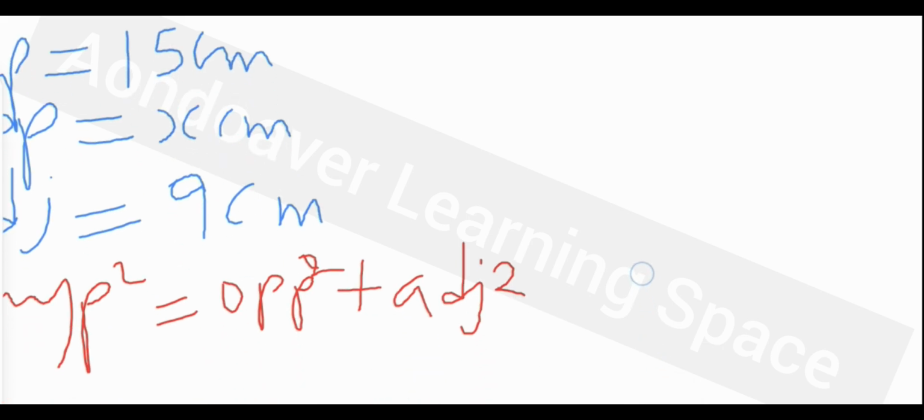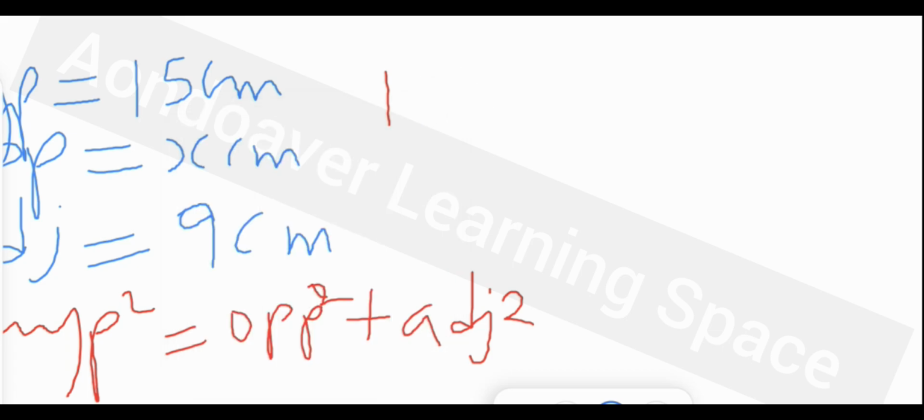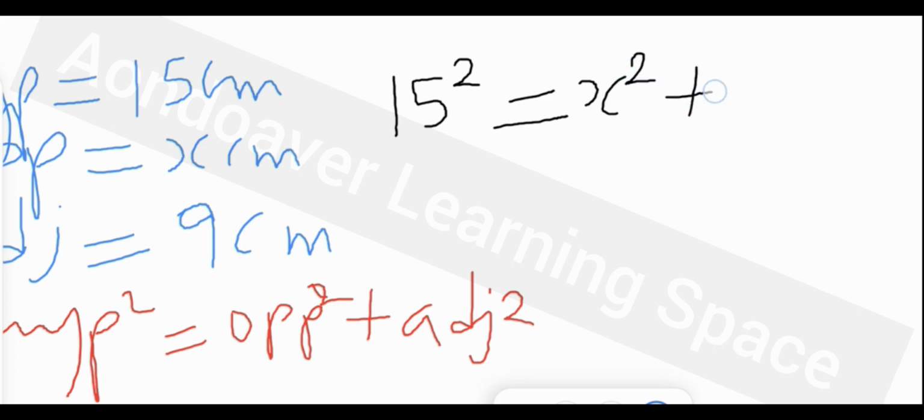So our hypotenuse is 15. Therefore, let me change the color of the ink to black. Okay, thank you. 15 squared for the hypotenuse is equal to x squared for the opposite, plus the adjacent squared, which is 9 squared.